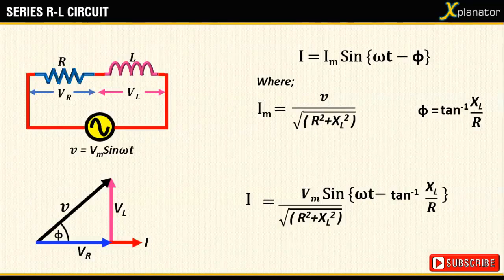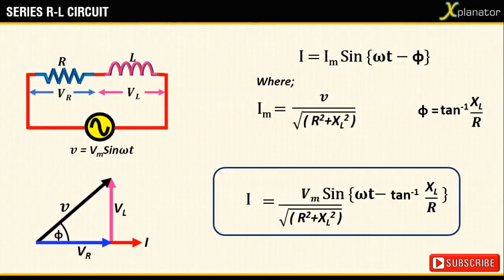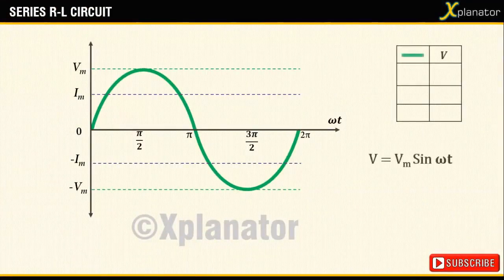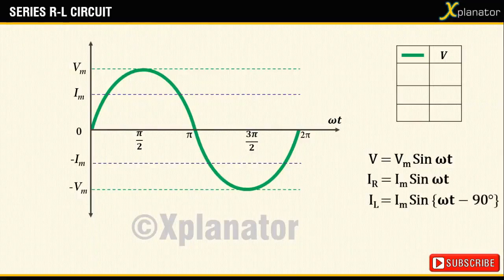Now that we have the voltage and current equations, we can draw the waveforms. Following the same sequence, draw the voltage waveform first. For comparison, draw current waveforms of resistor as well as inductor. In case of a pure resistor, current is in phase, so the wave starts from 0.